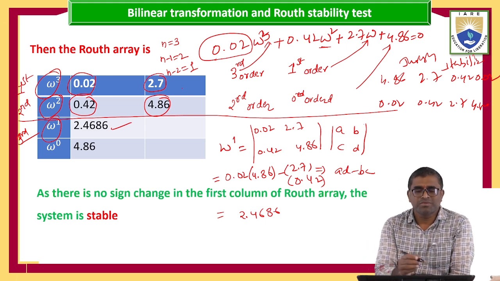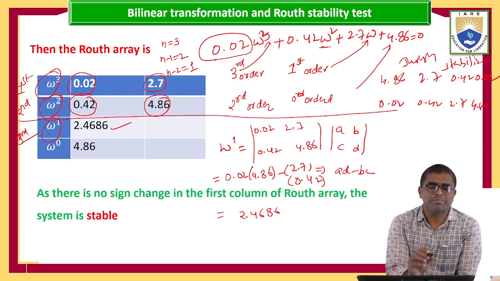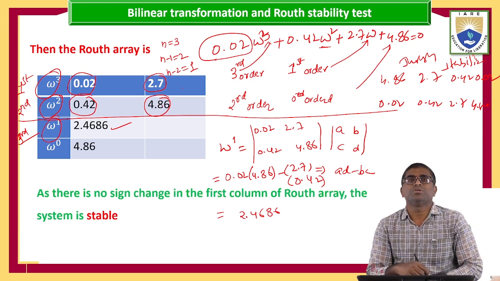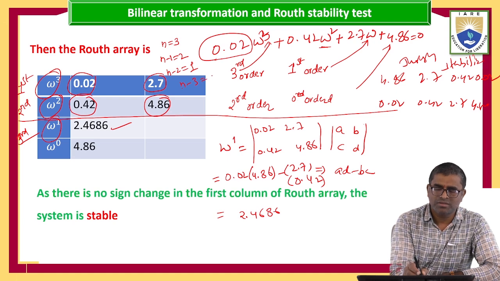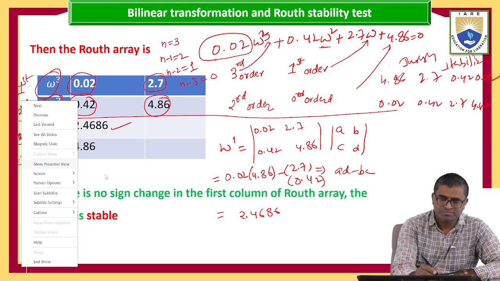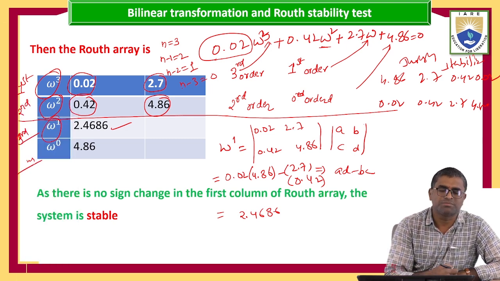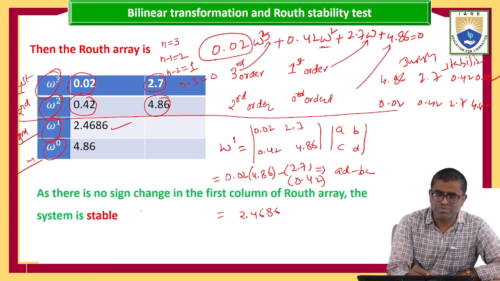What is the next term? It is not possible. Why? Because the term is going to close here only. So completed. Coming to the next row, that is n minus 3, that is 0, nothing but the constant term. Here the constant term is the fourth order, the last term, omega naught. So similarly for omega naught you also have to find it.